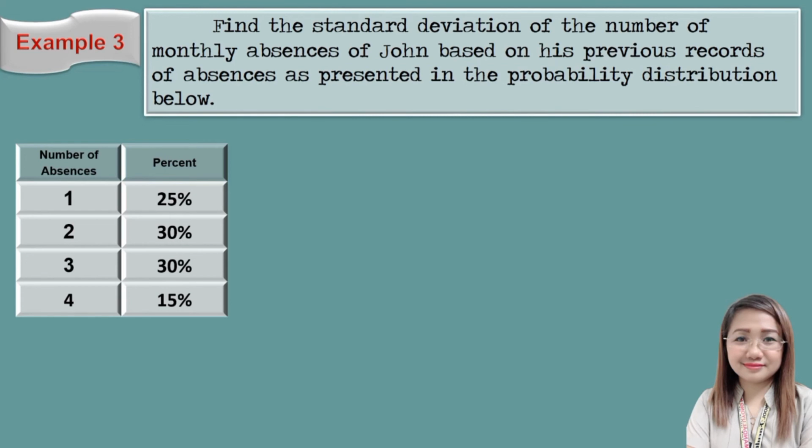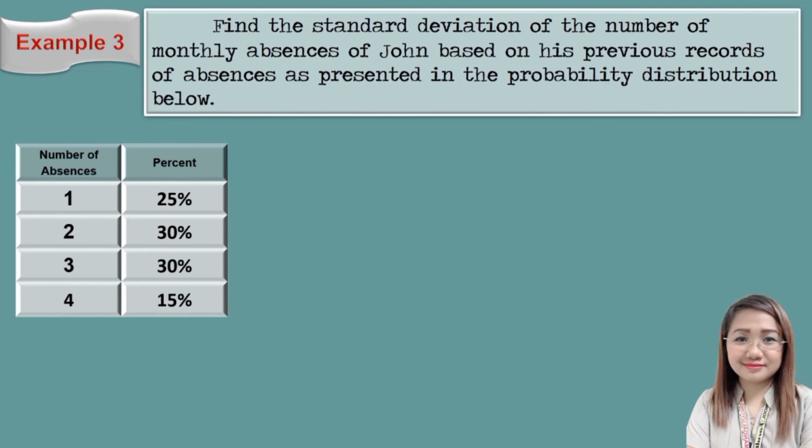Going back to the given problem, we just need to solve the value of the standard deviation. But for us to solve the value of the standard deviation, we should know the value of the mean and the variance.